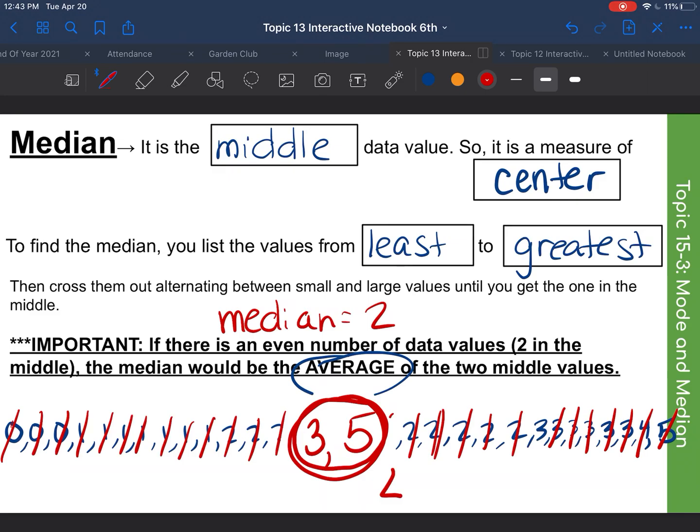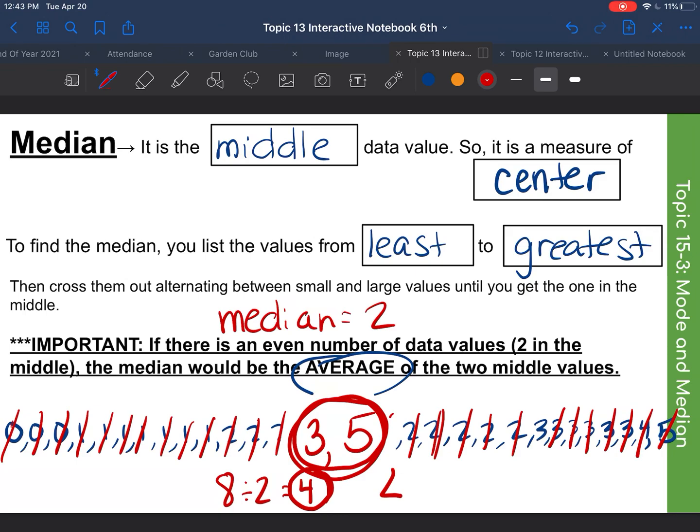So 3 plus 5 is 8, and 8 divided by 2 is 4. So if you have two numbers in the middle when you cross them off, with the same amount on each side, you would add them up and divide by 2. Find the mean of those two values, and that would be your median.